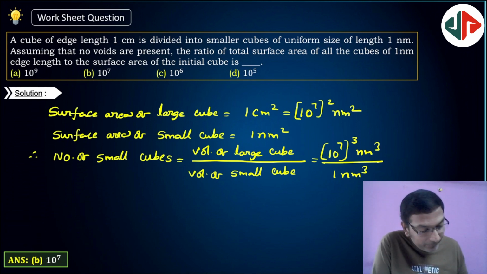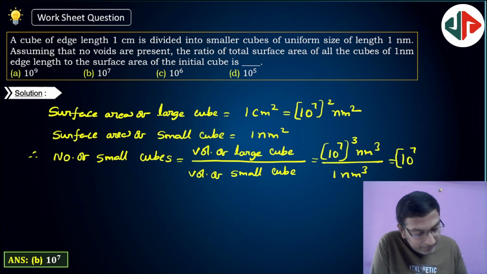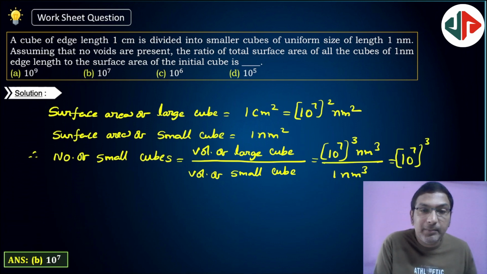So that is simply 10 power 7 whole cube. So these are the number of small cubes.